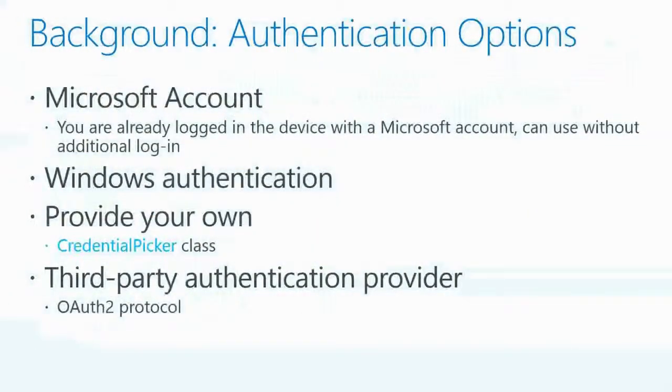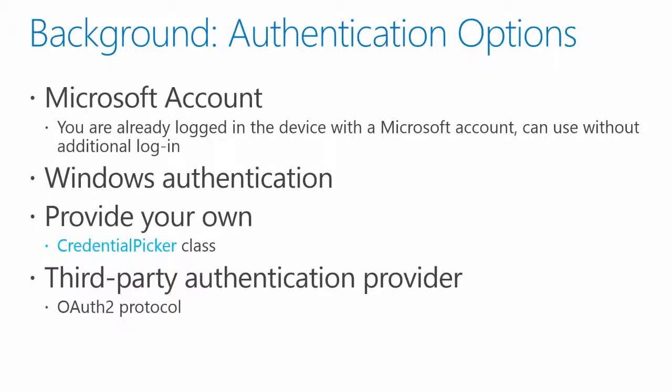Generally speaking, there are many ways to authenticate the current user. For example, we can leverage the Microsoft account that has been used to log into the device, or if the device is domain joined, we can use the standard Windows authentication. Another option is to create our own authentication method, but in this case we also have to maintain a backend server to store the user accounts.